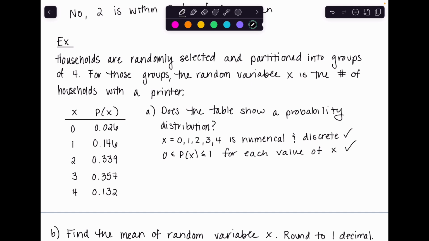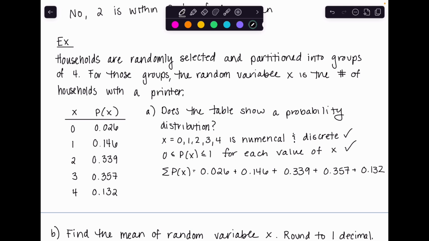So that's amazing. And then the last thing, I need to make sure this accounts for 100% of my possibilities. So if I go through and I sum these probabilities, I need to add 0.26 plus 0.146, 0.339, 0.357, and 0.132.